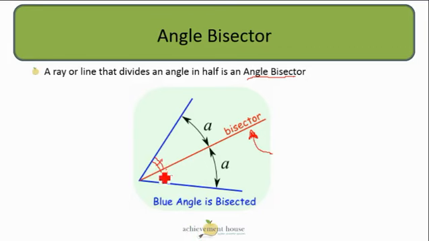So for example, if this big blue angle right here was 60 degrees, and then this red angle bisected it, then this angle A here would be 30 degrees, and then this angle here, A, would be 30 degrees.